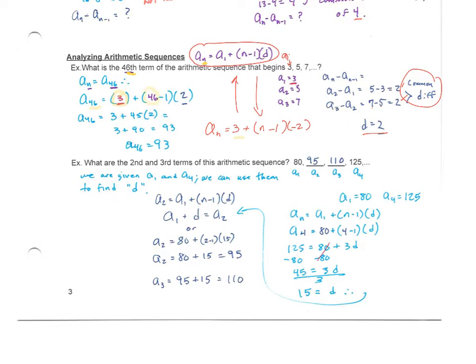We take n and replace it with 46, so we replace all values of n with 46. And then my common difference we said was 2. Then we simplify and do our order of operations, and we find out that a_46 is 93. So there we have identified our 46th term is 93.